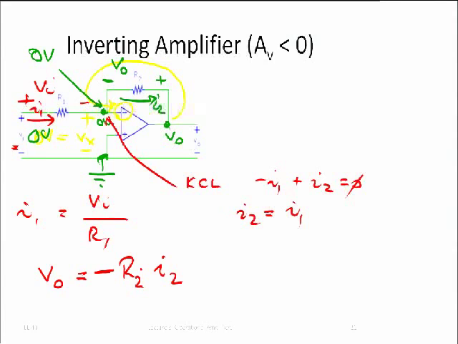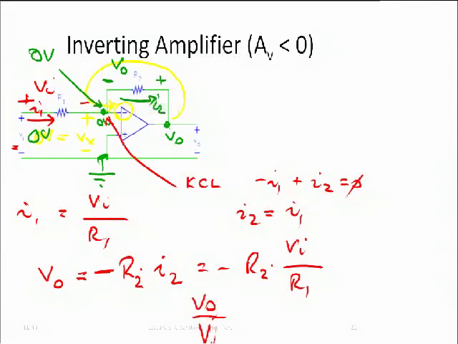But then, when we apply Ohm's law, we have to be consistent. Say we chose directions that go in opposite ways, and therefore you have to use a minus sign in Ohm's law. So now we have minus R2 times I1 is equal to Vi over R1, and we can solve for V out over Vi.